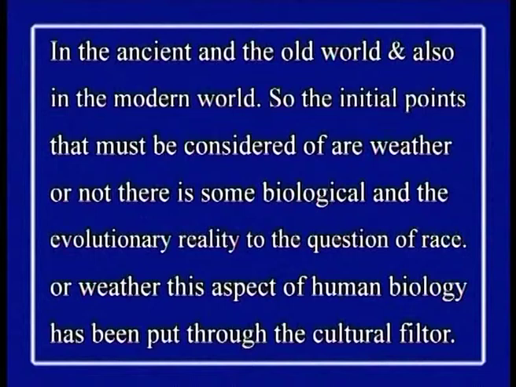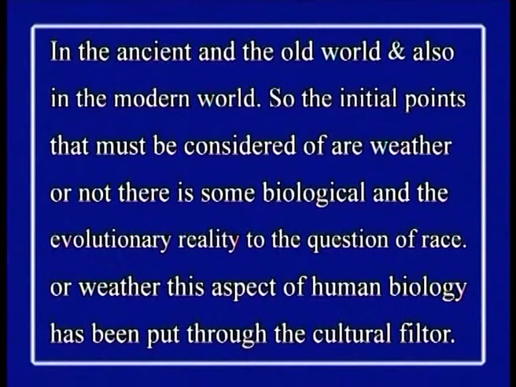So when we come to the question of races, we have a first consideration. The concept of race is one of the most misunderstood ideas of human history, and one that has caused a great deal of misery and harm in the world, in the ancient and the old world, and also in the modern world.